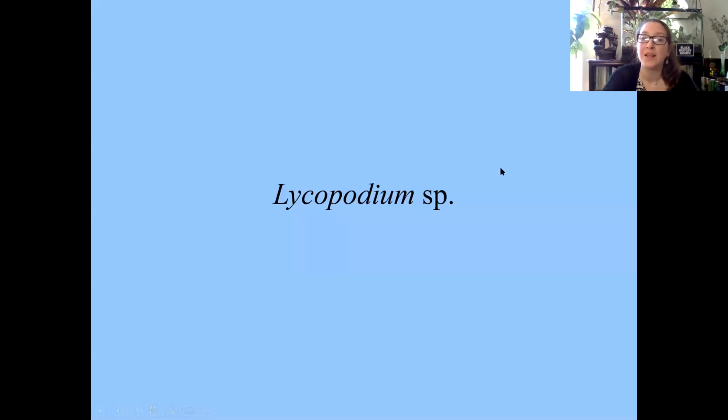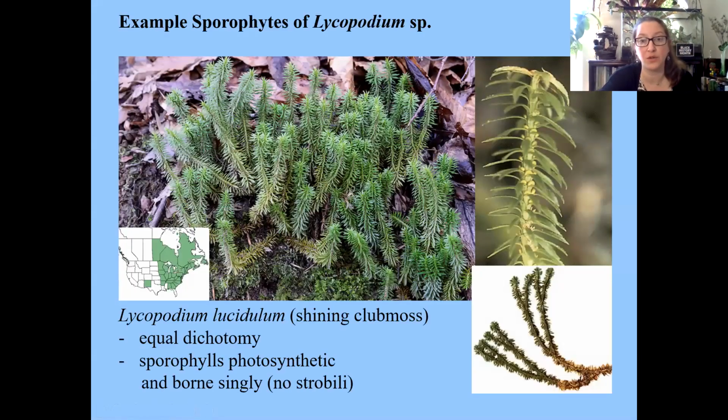All right. So now we're going to look at each genus, and some of those terms that we just learned will come up in these slides. So look here. This is a species called Lycopodium lucidulum. The map on the left shows you where they occur naturally.